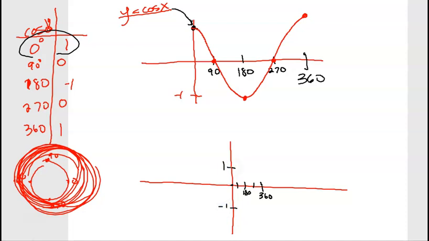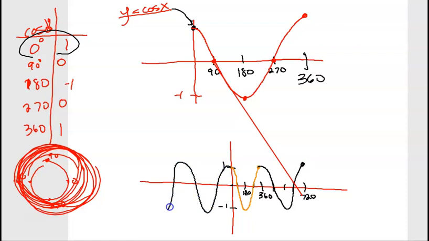So here's one period, starts here, goes down to negative 1, up to here, and back up here. That's one period. But again, it can keep going on. That's 720. And then you can divide that in half, divide that in half, keep doing the cycle here. It's going to go down to here, up to there, back up to 1. And the same thing with the negative direction. It would keep going like this.